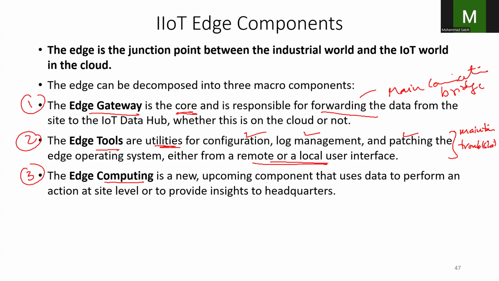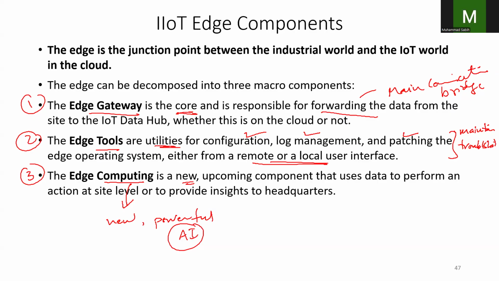Finally, the third one is the edge computing. This is the new and more powerful piece, and we are looking into applying AI capabilities to it, agentic AI, basically AI capabilities on the edge. So that allows local data processing at the site level.